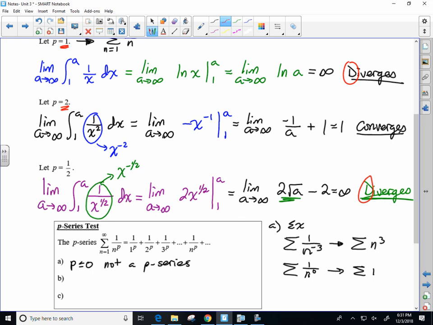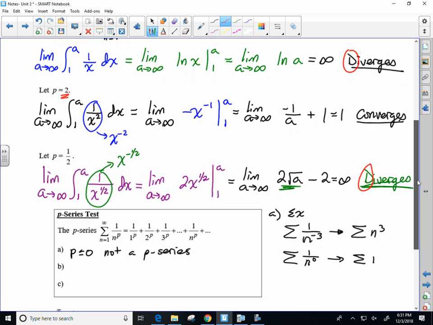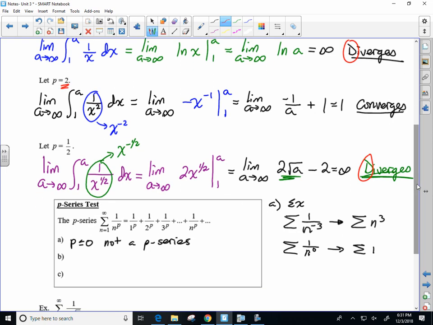I won't bore you with that. But basically, it's telling us that if we have any p-value between 0 and 1, then it's going to diverge. So fractional p-values all the way up to and including the 1, you would have a diverging situation.